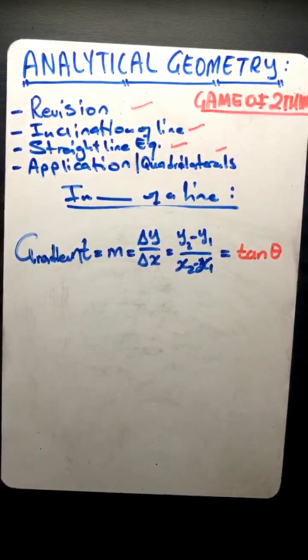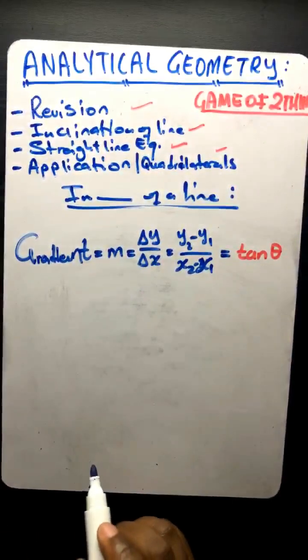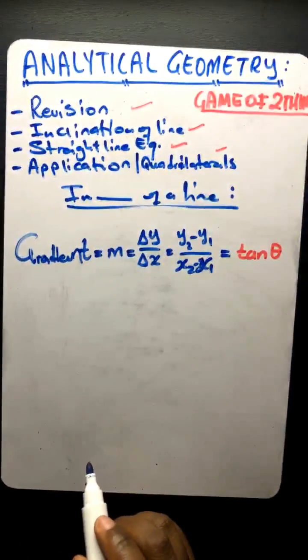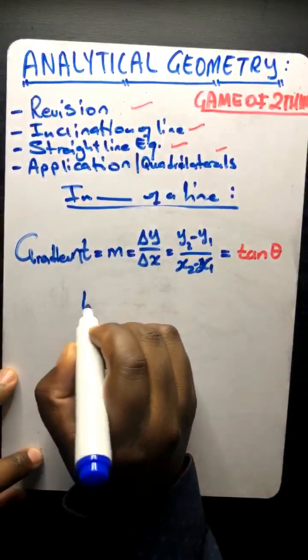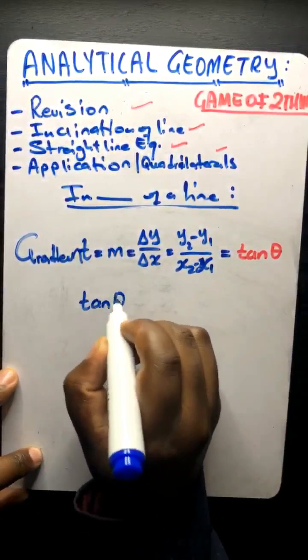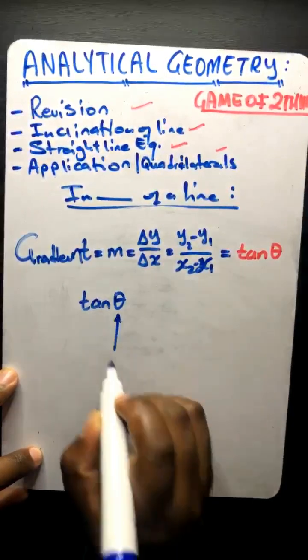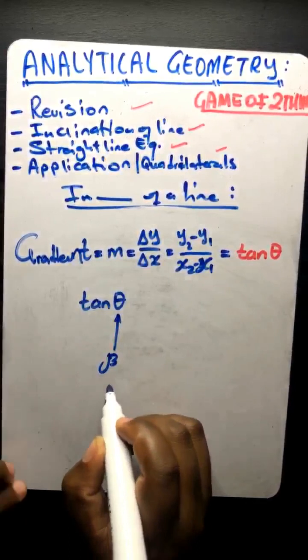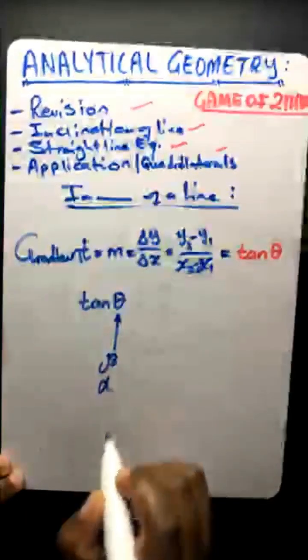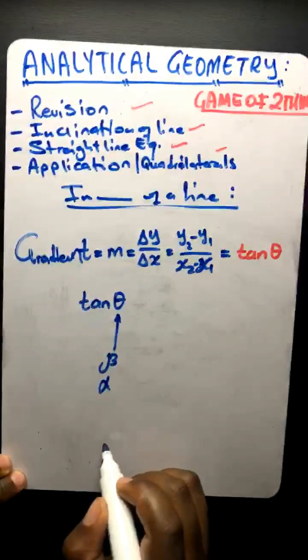Note it down as part of your notes, meaning I'm now going to make a conclusion to say, under analytical geometry, you might need to remember that tan angle, it doesn't matter whether they use angle theta, angle beta, angle alpha, or otherwise.